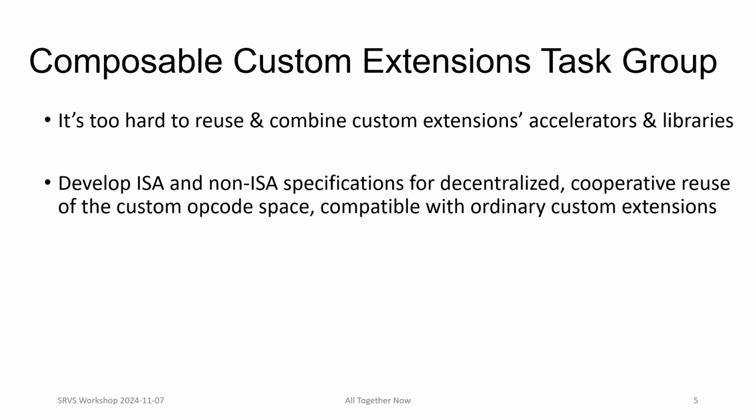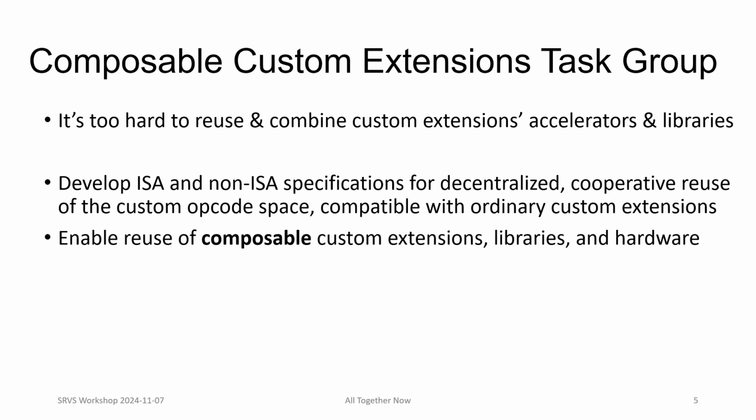So the Soft CPU SIG have spun out a new Composable Custom Extensions task group. This group will specify new ISA extensions and non-ISA interop specifications for the decentralized and cooperative reuse of the custom instruction and CSR space, remaining compatible with existing custom extensions and uses.